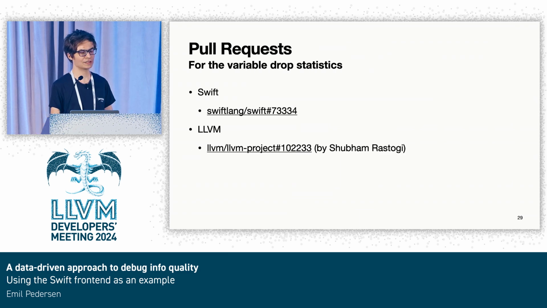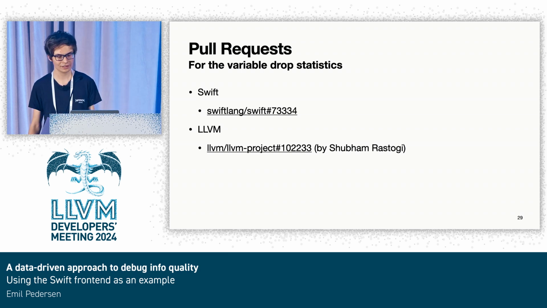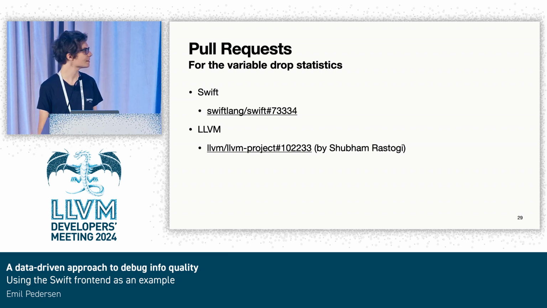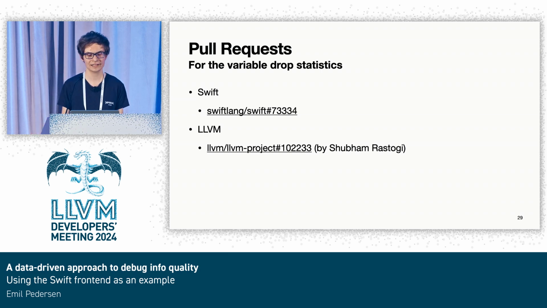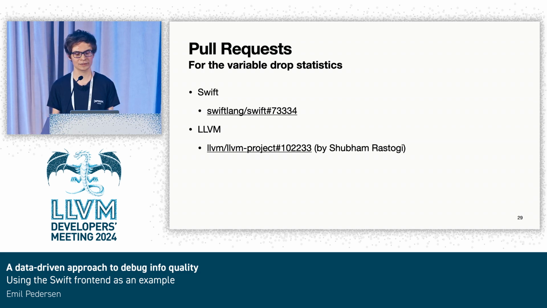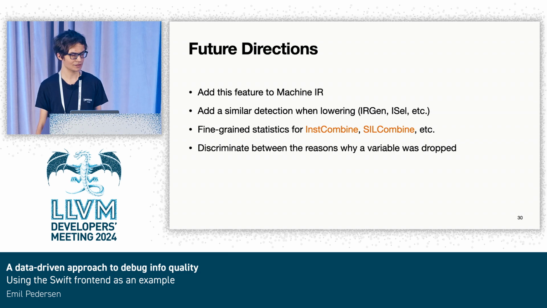So if you're interested, the pull request for the variable drop statistics can be found here. There is one PR for Swift, and it has recently been ported to LLVM IR, so we can also fix issues in LLVM IR optimization passes. So there is still a lot to do.